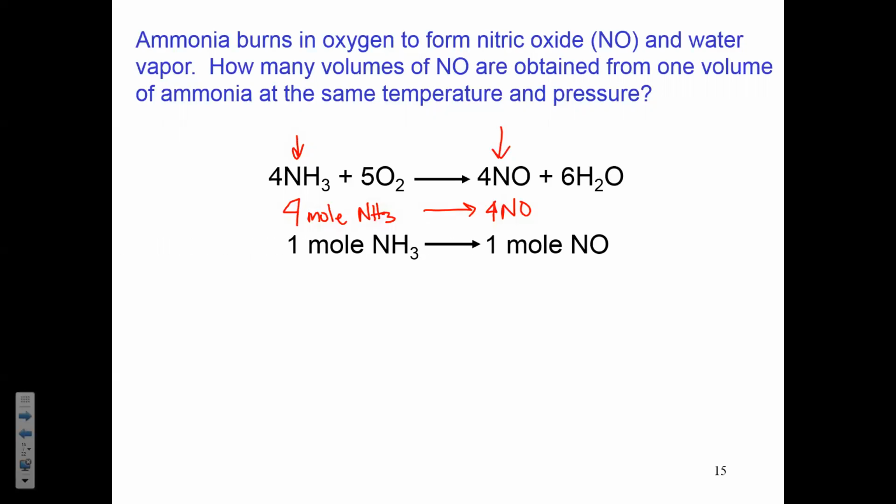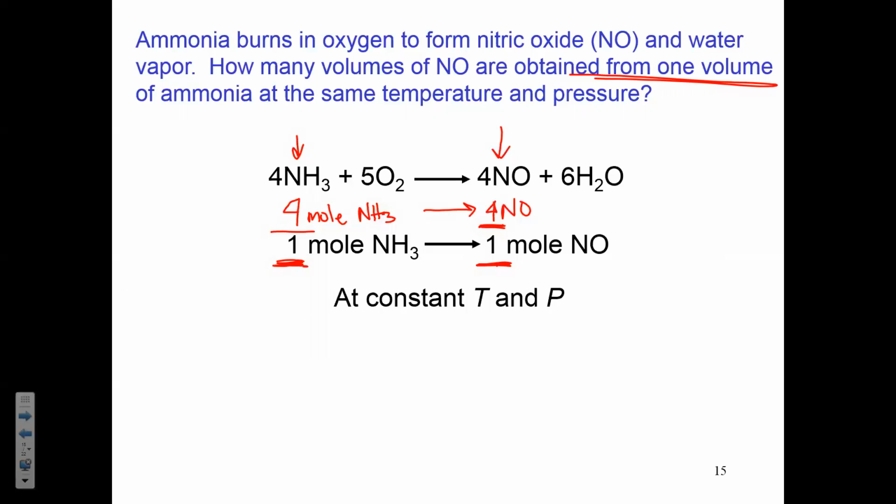That's reality, but I've simplified it because we can take that and divide it by 4 and end up with 1 and 1. So for every 4 moles here, I got 4 moles here, but this time they're saying, well, you only have 1. So if I only have 1 here, then you know you better only have 1 there.